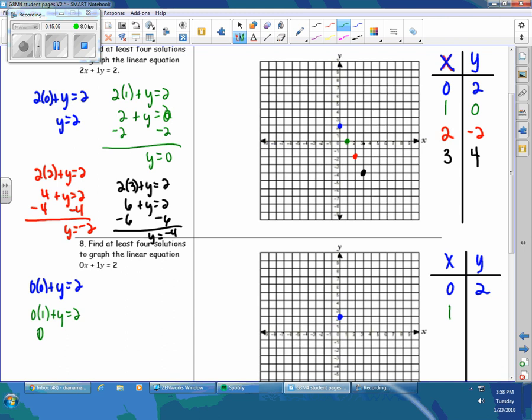So y is going to equal 2. And then, I'm sorry, 2. So 0 times 2 plus y equals 2. That's going to be 0 plus y, so y equals 2.